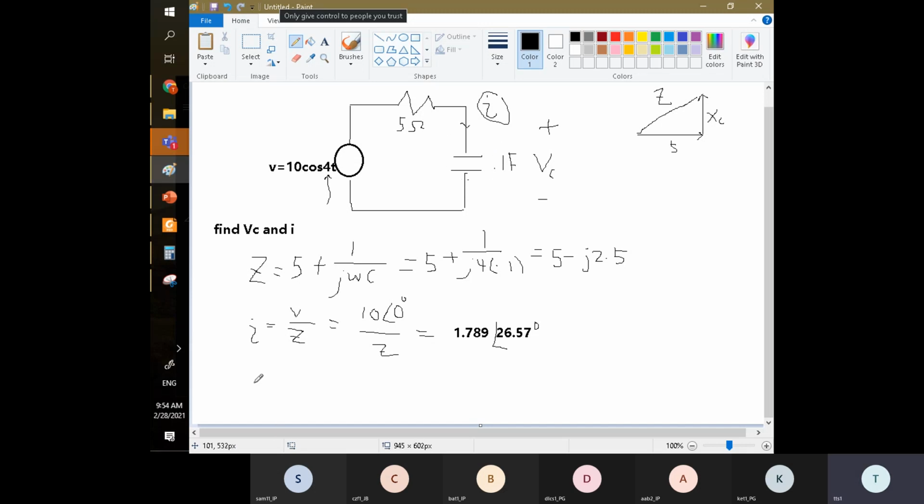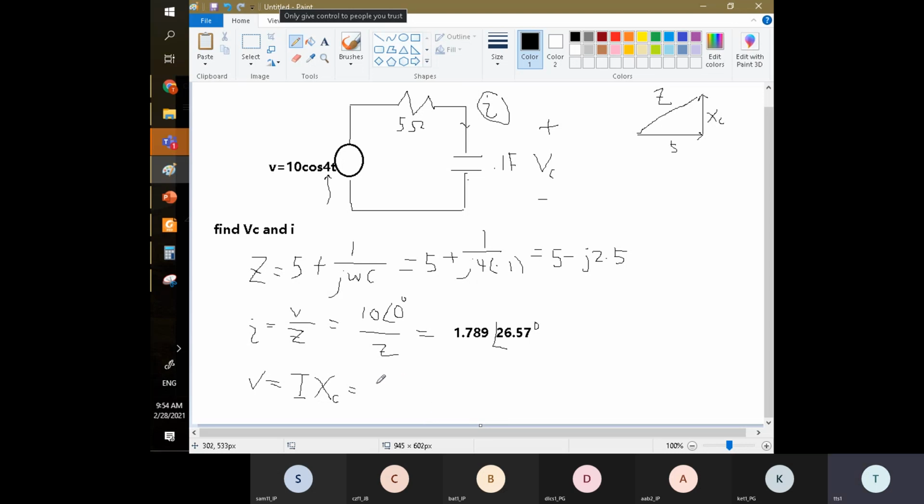The equation is V equals IR, but now we call it IZ. This Z is the capacitor Z, let's call it XC.